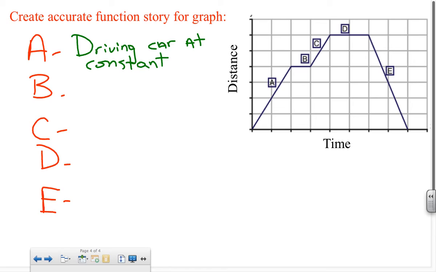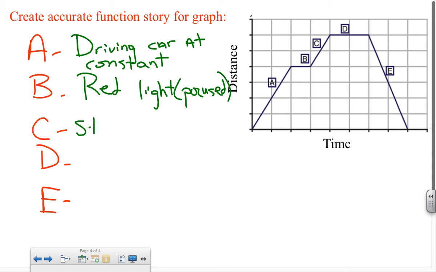So if you're driving in your car, B represents something where you're stopped. So let's say you hit a stop sign or a red light, so you pause. C, we start back up again. See our distance is changing. Start driving again.